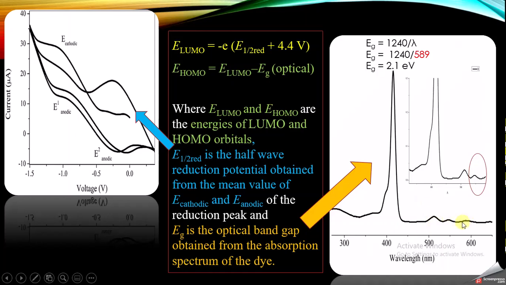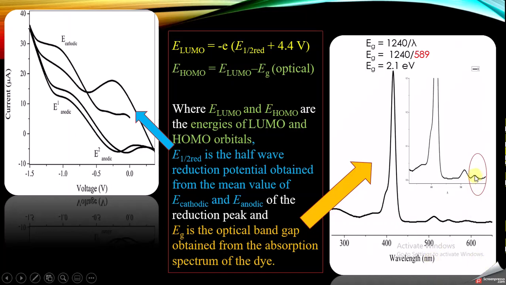What you have to do is find the peak position of the peak lying at the highest wavelength, the most bathochromically shifted peak. This one is the peak which lies in the most red region, having the highest wavelength, and if you enlarge this spectrum, you will see that this is the peak here.